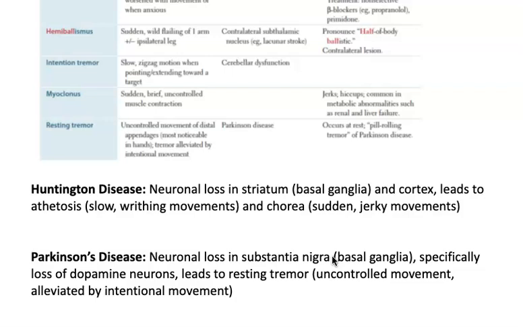So you're losing dopamine neurons, which is why you can sometimes see the extrapyramidal side effects or symptoms that we saw in schizophrenia treatment: when you inhibit dopamine, you get a little bit of that resting tremor. This is damage to neurons there and neuronal cell loss in a specific area that you get decrease in dopamine, and that's when you get that resting tremor.